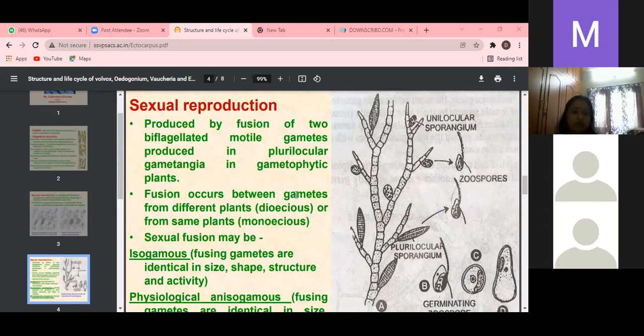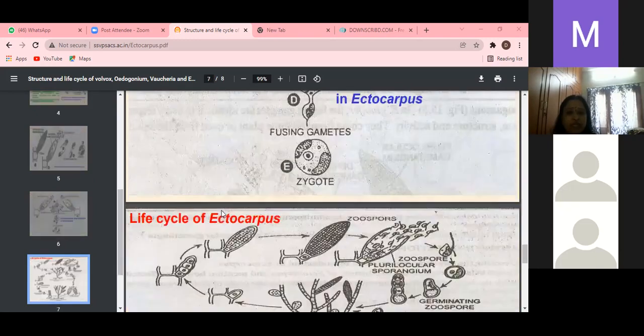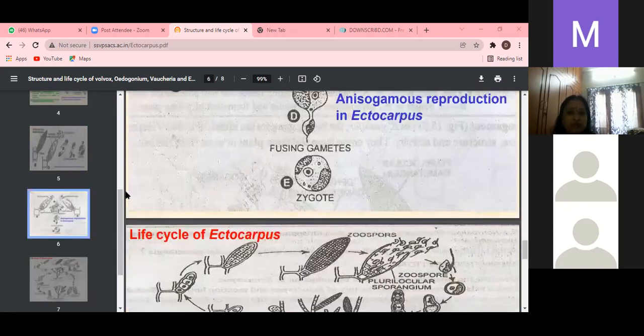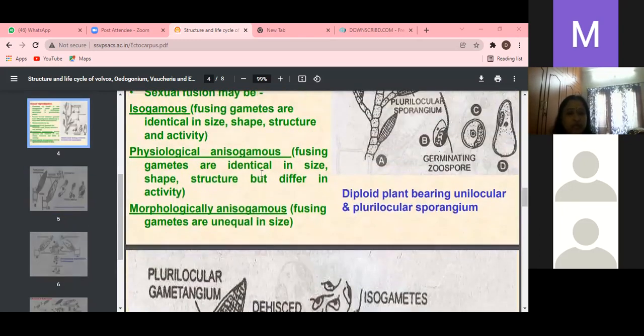In Ectocarpus, in the majority of species, the type of sexual reproduction is isogamous and heterothallic. Some species exhibit anisogamous or oogamy type of sexual reproduction.